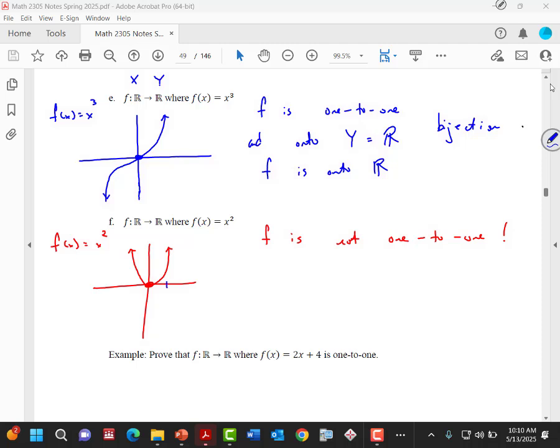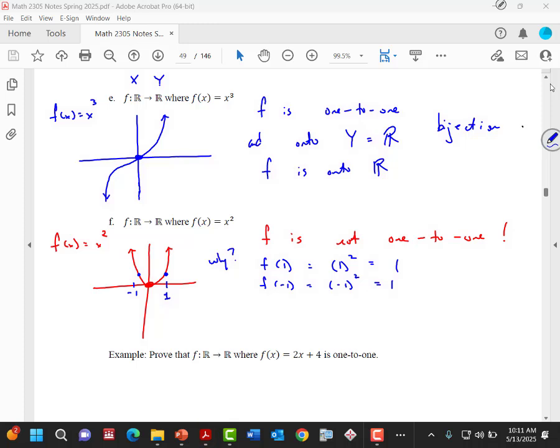Well, let's say I evaluate this function at 1. That would be 1 squared, which outputs a 1. And if I evaluate this function at -1, -1 squared also outputs a 1.